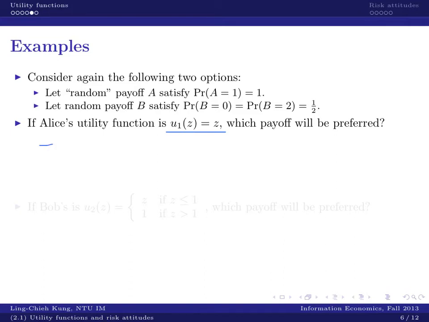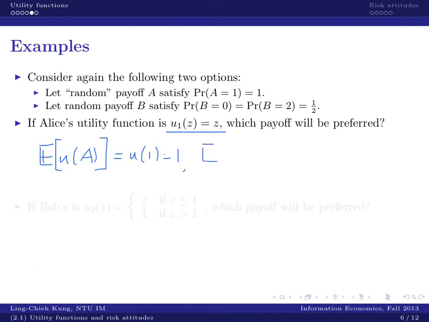What I should do is calculate the expected utility I can get under the two different payoffs. So expected U of A. In this case, A has only one realization, it's just 1, so all I want to do is calculate utility of 1, and it's 1.